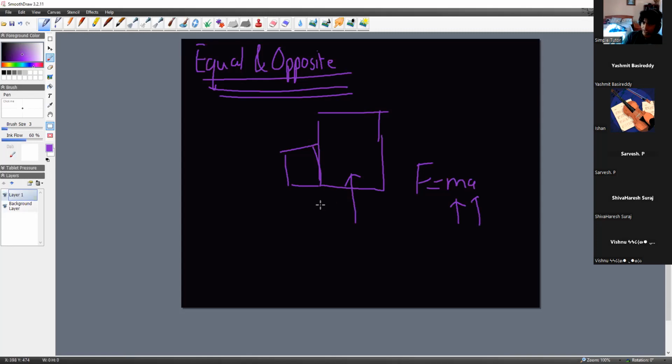So in scenarios where you can't look at acceleration, we have to always remember that if one object exerts a force on the other, this is going to exert the same force back, equal and opposite, even if this mass is 100 times greater. And it goes the same way. Because this is a larger object, it might exert a greater force on this initially. But if this exerts a greater force than this exerted on this initially, this will simply exert the exact same force back.